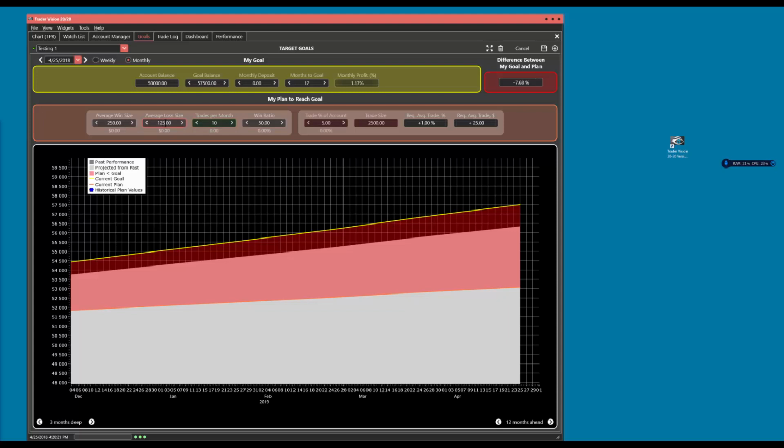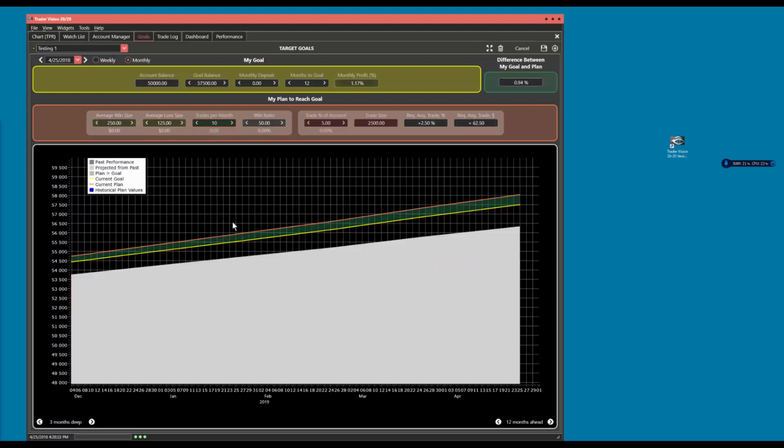So that's the process of planning goals. It's the interplay of the long-term goal and then your plan to get there, your average win, average loss, trades per month, and win ratio. And then to validate that, you put what percent of your account you're willing to risk on every trade.